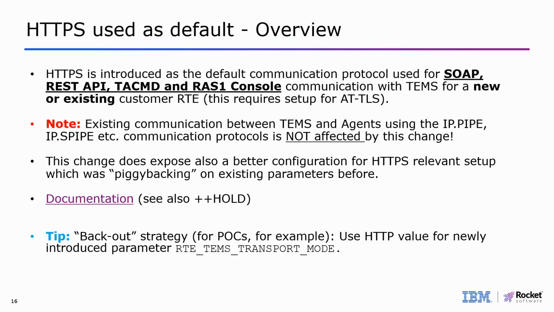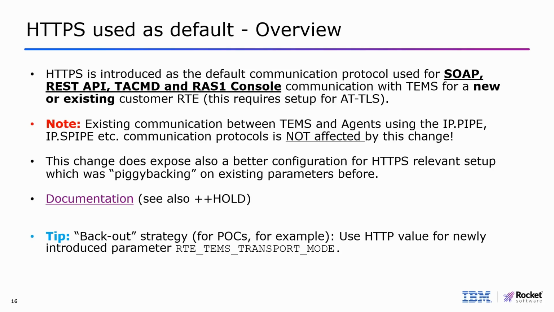What is very important, and that's why it's bold red here, is that this change does not, I repeat, does not impact any of your TEMA to agent communications, because they do not communicate via HTTP or HTTPS. They communicate through TCP/IP, through IP pipe, IPS pipe, and other protocols, but not HTTP.